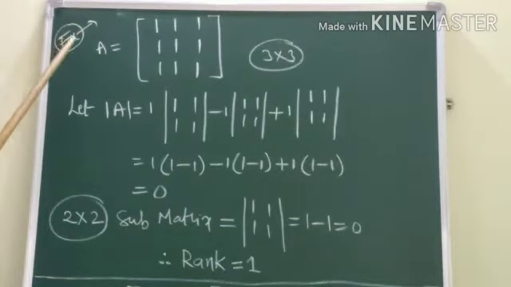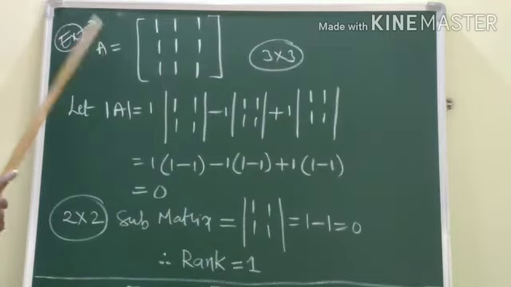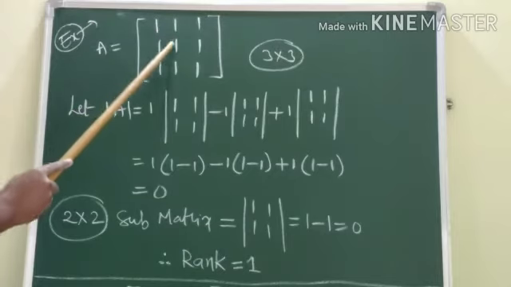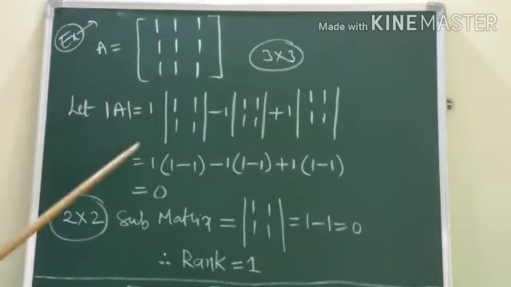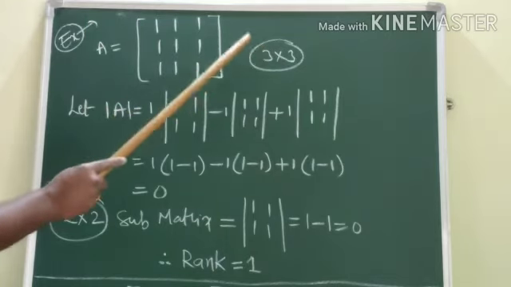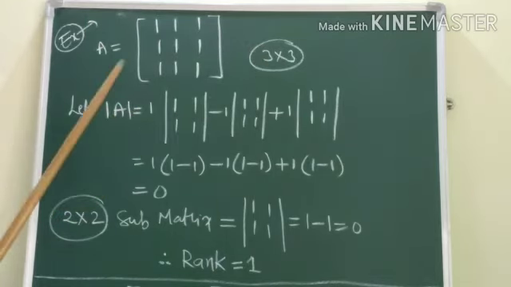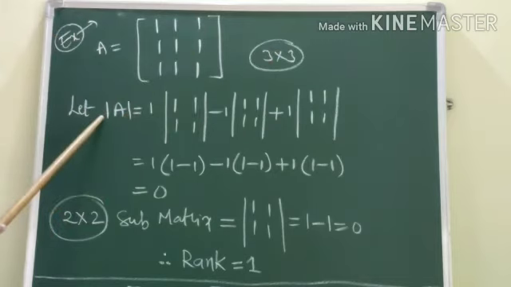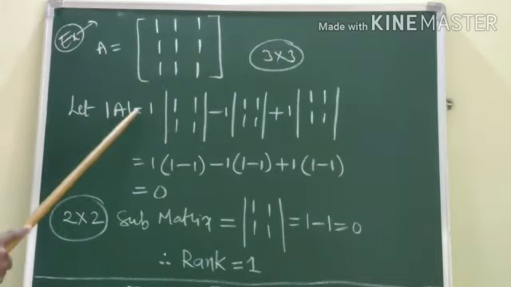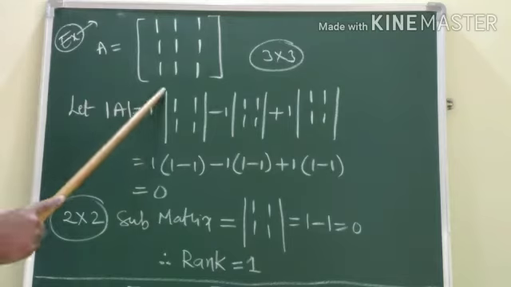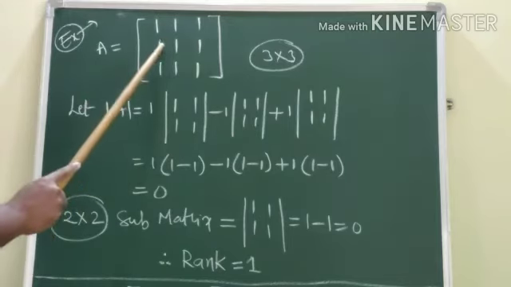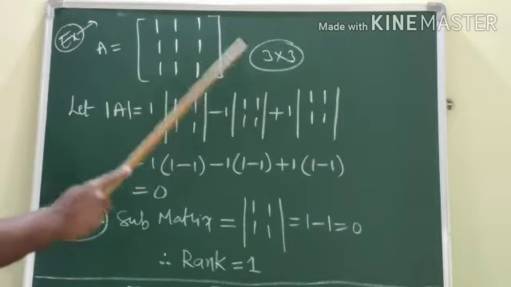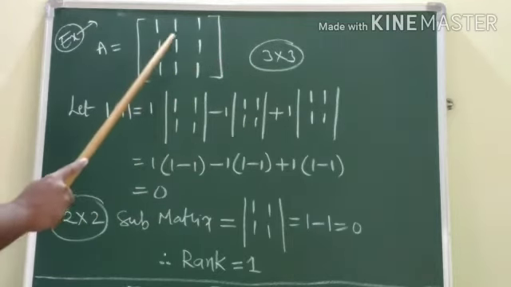Now let us see the third example based on rank of matrix. Here the given matrix A is equal to 1 1 1, 1 1 1, 1 1 1. Here what is the order of this matrix? That is 3 by 3, 3 rows and 3 columns. Then you take directly the determinant of the given matrix, that is determinant of A is equal to 1 into determinant of 1 1, 1 1, minus 1 into determinant of 1 1, 1 1, plus 1 into determinant of 1 1, 1 1.